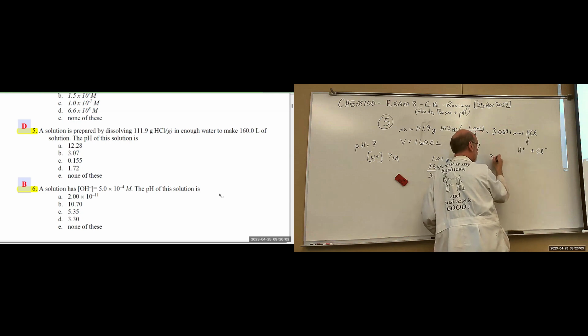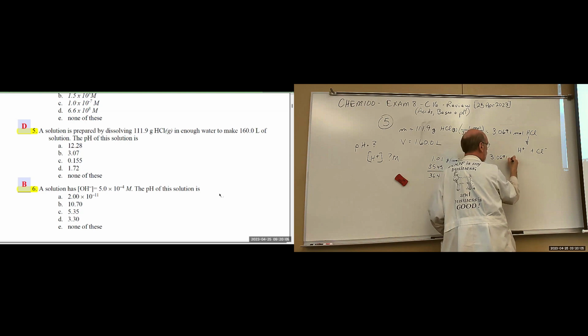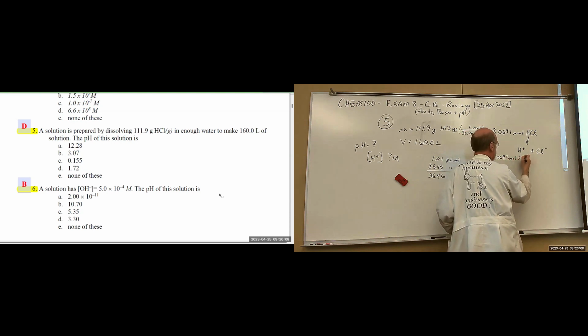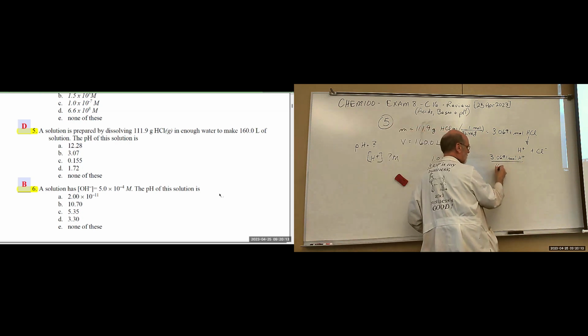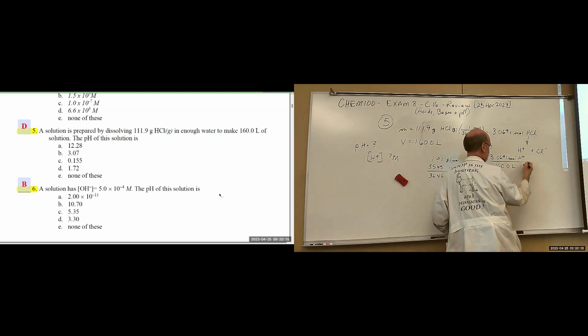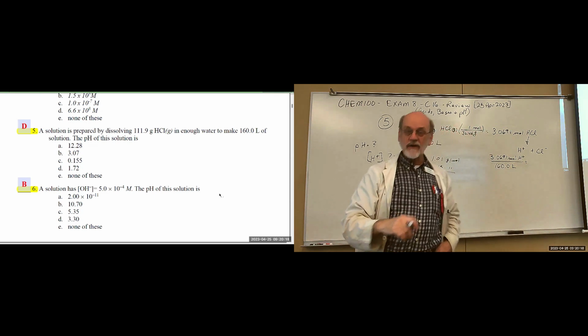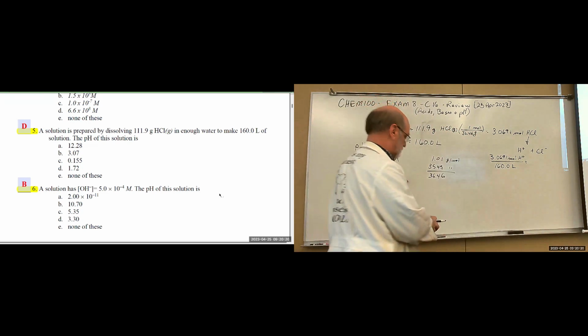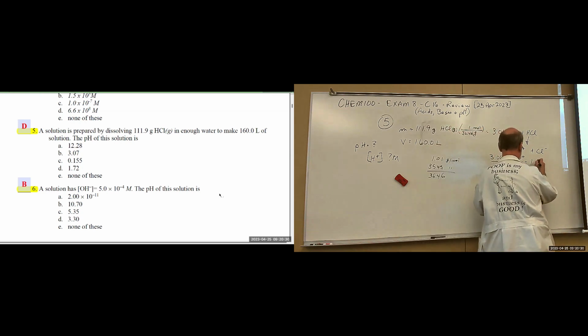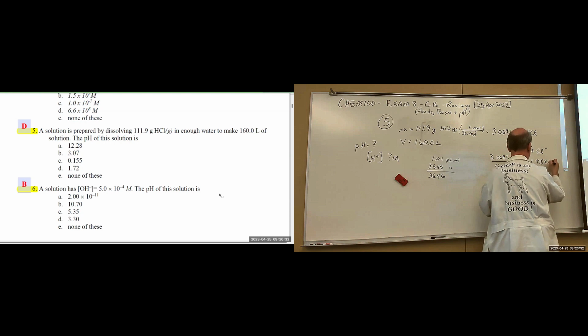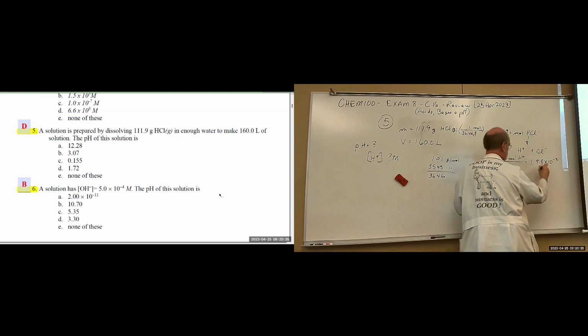That means we have 3.0691 moles of hydrogen ions for that many liters. So that will give us the molarity of hydrogen ions. Let's see, 3.0691 divided by 160 is 1.918 times 10 to the minus 2 molarity. And that's in hydrogen ions.